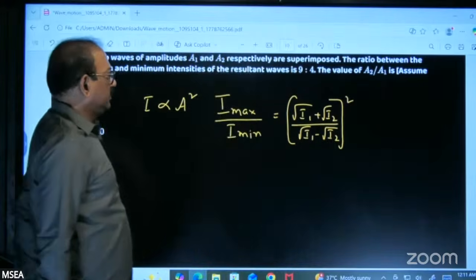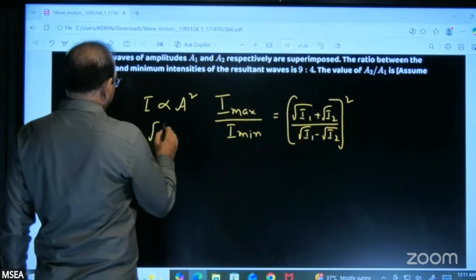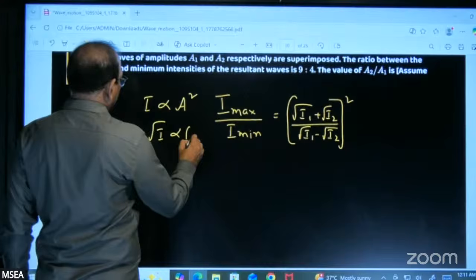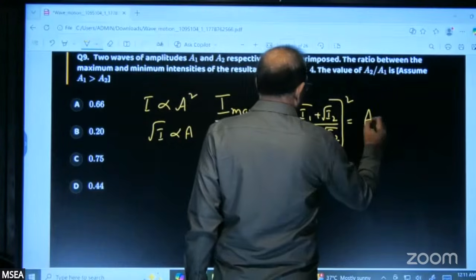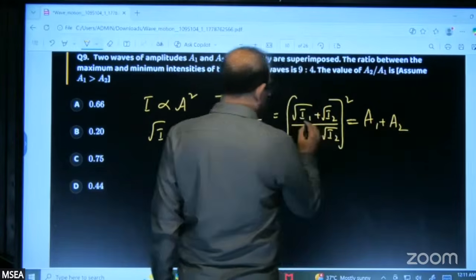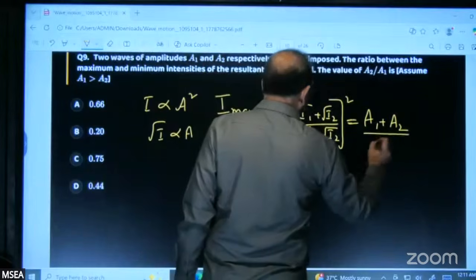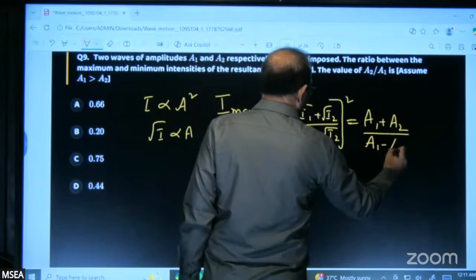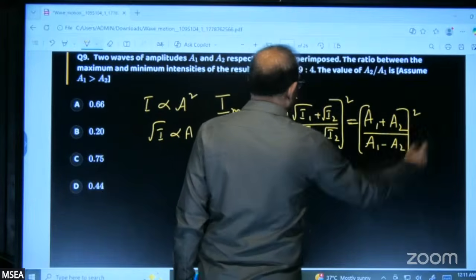And I proportional to A square means root I proportional to A. So this is A1 plus A2, in place of root I1 I can write A1, root I2 I can write A2, by A1 minus A2, whole square.